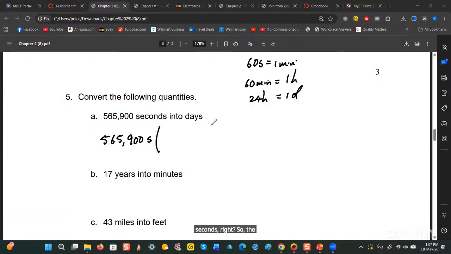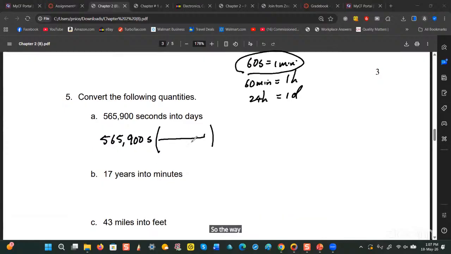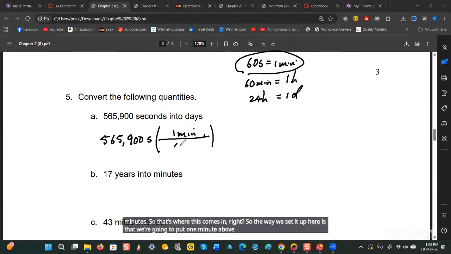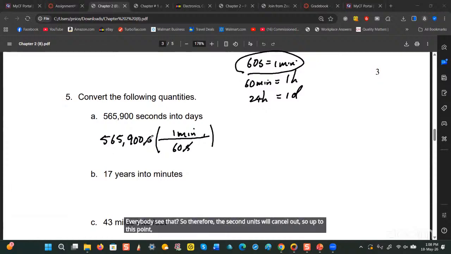The first thing we have to do is convert from seconds to minutes. So the way we set it up here is that we're going to put 1 minute above and 60 seconds below. Everybody see that? So therefore the second units will cancel out. Up to this point, you'd have converted from seconds to minutes.